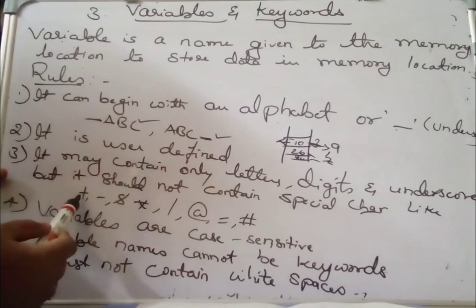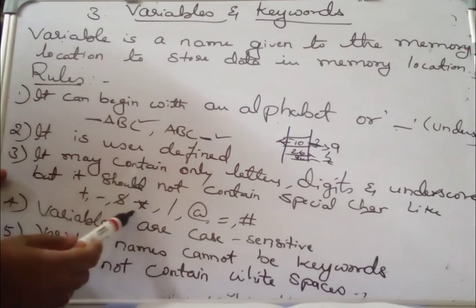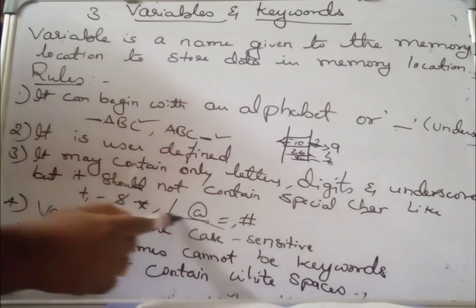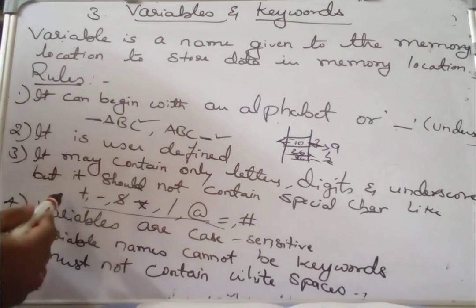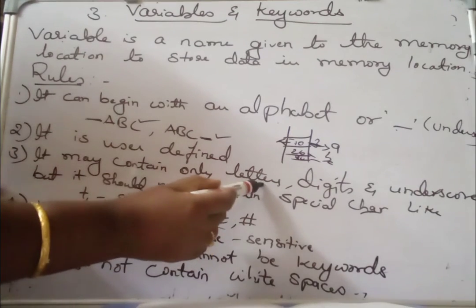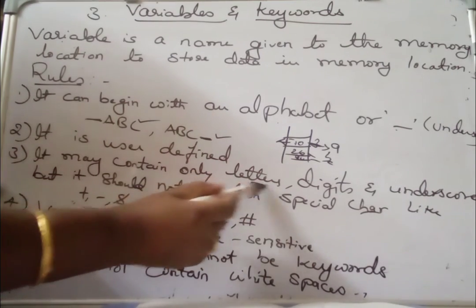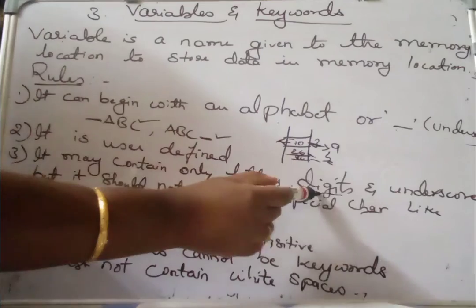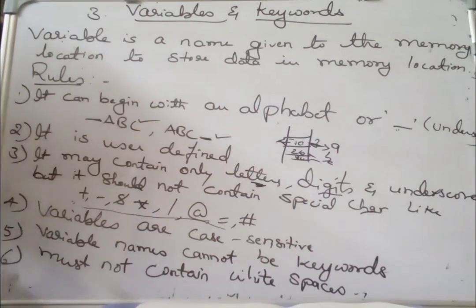That is, it should not contain characters like plus, minus, dollar, star, division, or whatever meta characters we see on the keyboard. So a variable supports only letters, which can be both uppercase and lowercase, digits from 0 to 9, and the underscore symbol.